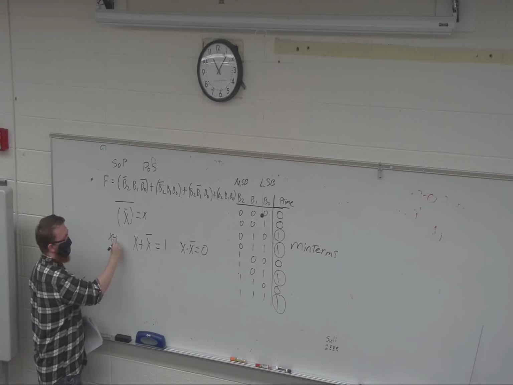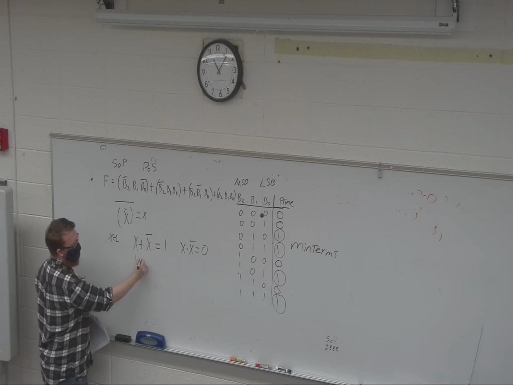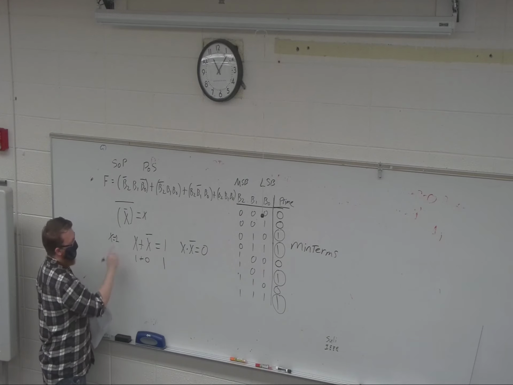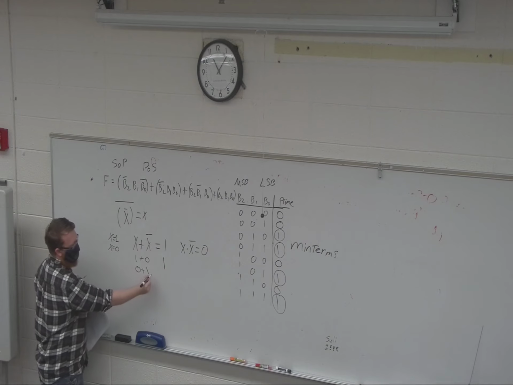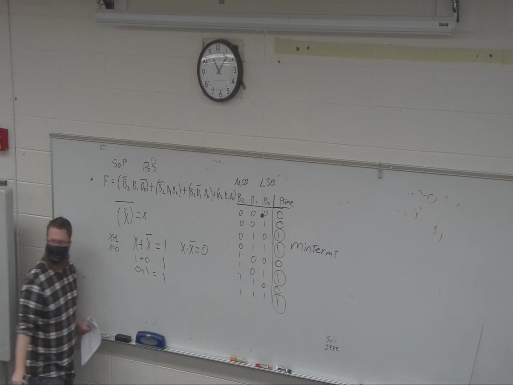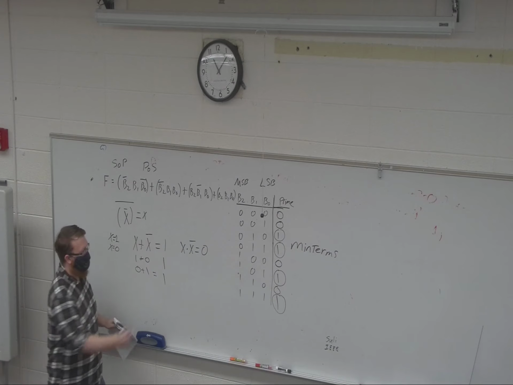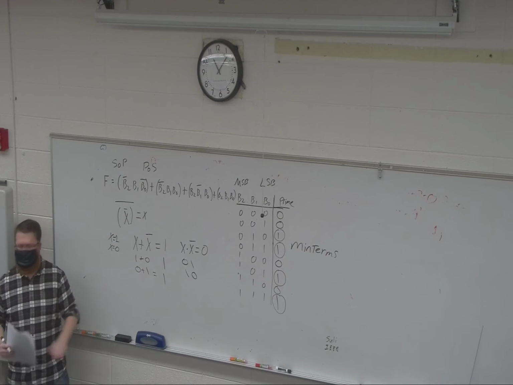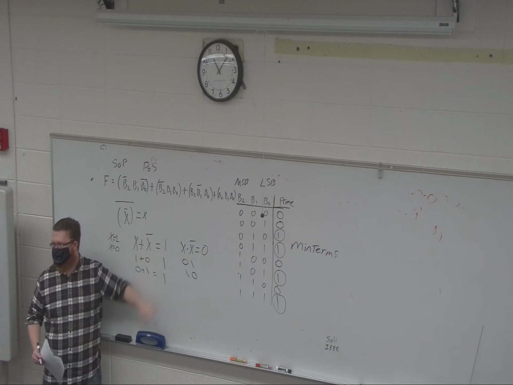If x is 1, this is an OR, so we have 1 or the invert of x, which is 0. 1 or 0 is 1. Similarly, if x is 0, 0 or 1 is 1. So there's nothing because of that inversion. Now, similarly, on the ANDs you're always going to end up with one of those combinations, so it has to be 0. That AND gate can never be true.